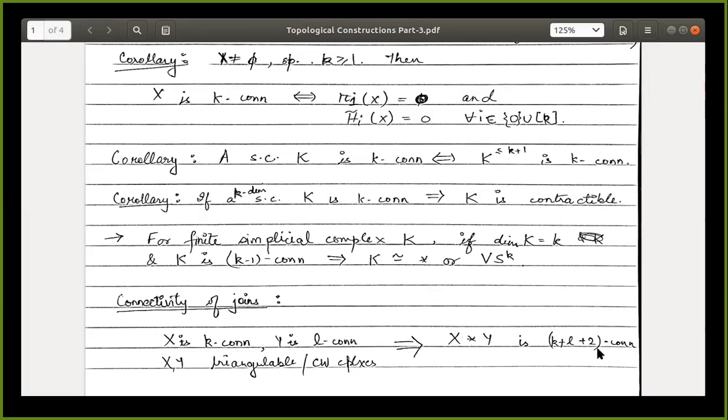And here you can see that when you take two simplexes, their join is a (K+L+2)-dimensional simplex, right?